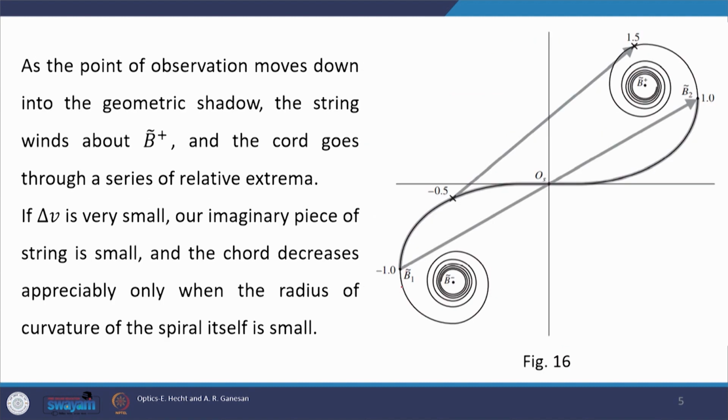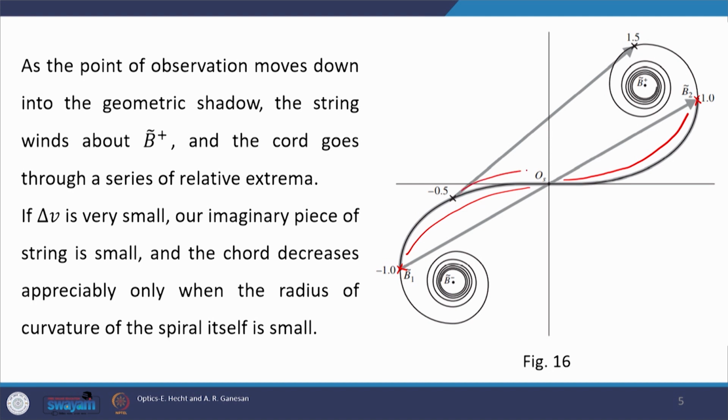Initially, due to the symmetry, the points B1 and B2 were symmetrically placed. This arc was equal to this arc in length when the point of observation was P, when the origin was exactly at the center of the slit. But now, if we want to calculate the irradiance at point P1, the origin has to be shifted to point O1, and in that case the arc is shifted; this is the new arc.